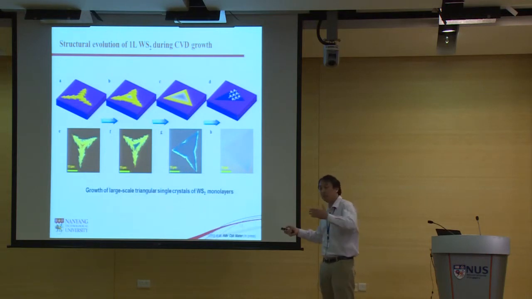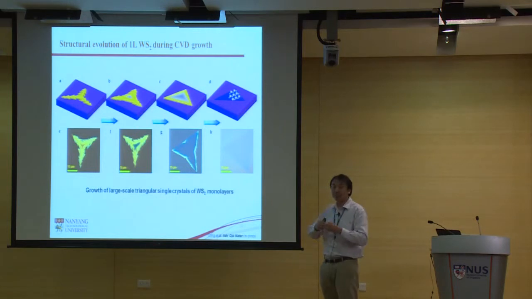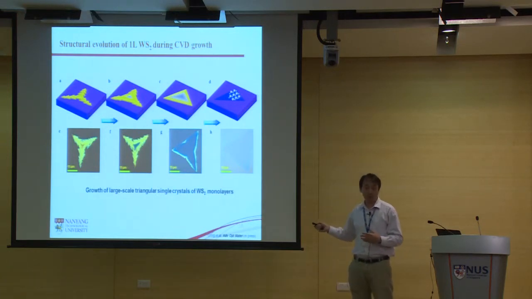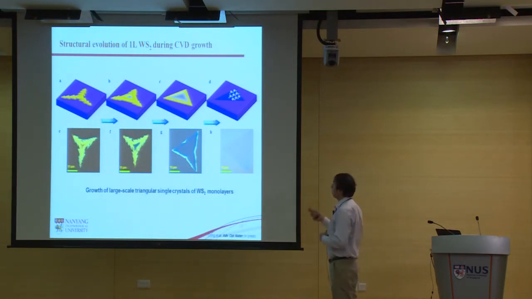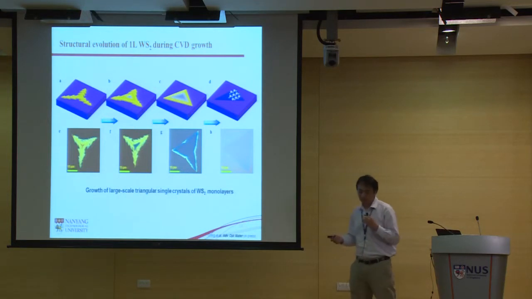Once you continue to supply the sulfur vapor and sulfur source, they are further sulfurized, then they consume this oxide compound or the mixed compound, and they thin themselves, and meanwhile they expand, and eventually they terminate the growth when they form a perfect triangle shape here. So we propose this is one possible growth mechanism for the tungsten disulfide, of course by our method.